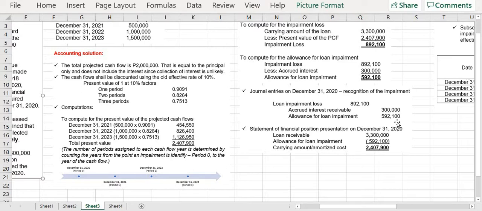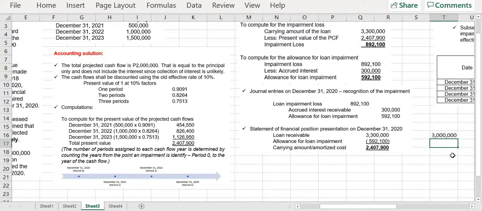So, pag tanungin kayo, how much is the carrying amount or the amortized cost, syempre, it would be the present value na na-compute natin. Or, the loan receivable na 3 million. Okay, so correction lang. Hindi yan siya dapat 3.3 million. No? That should be 3 million. Sa typing errors lang yan siya.